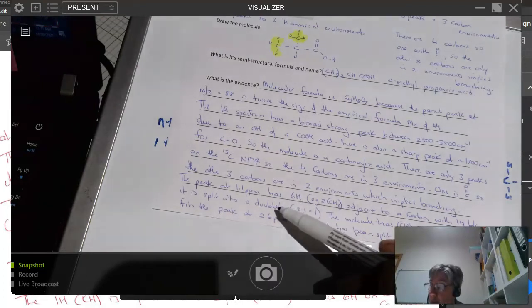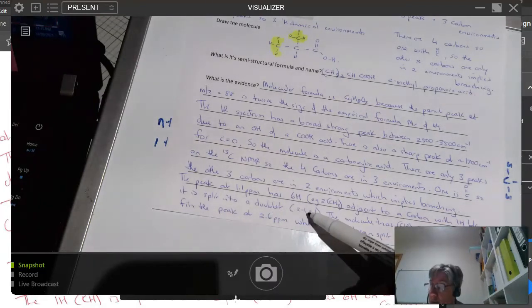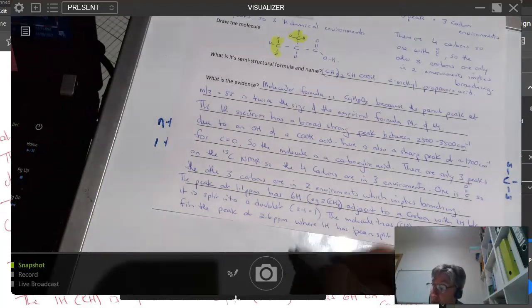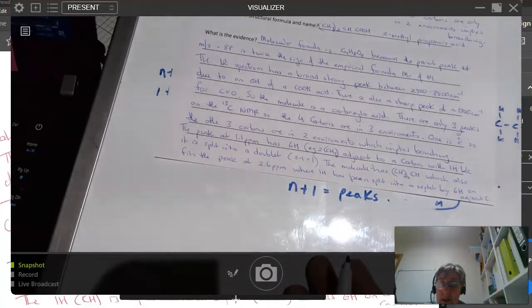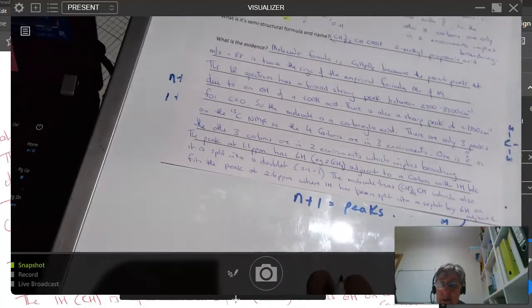So the number of peaks, 2 minus 1 equals the number of neighbours. So the number of neighbours plus 1 equals the number of peaks. The number of peaks minus 1 equals the number of neighbours.